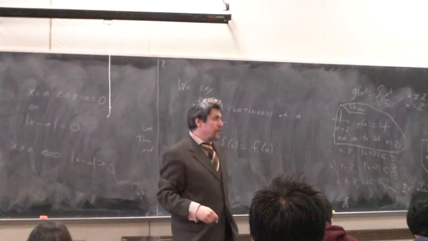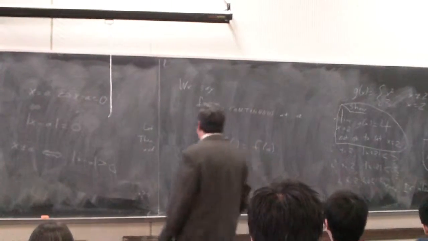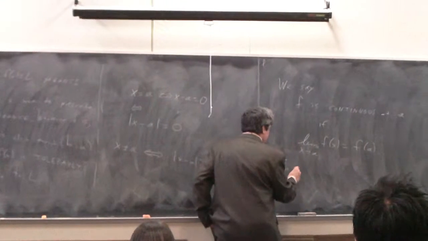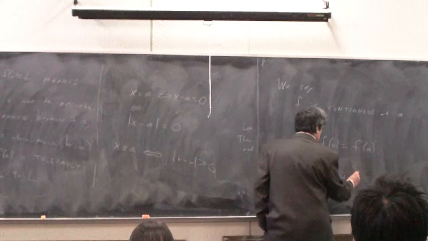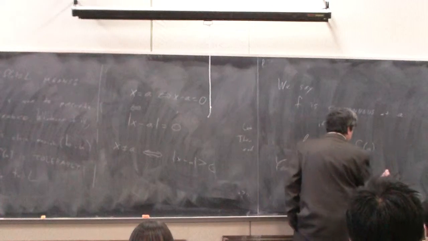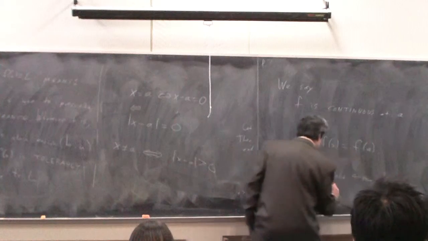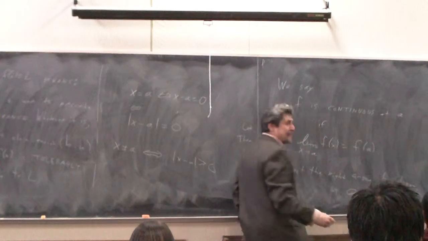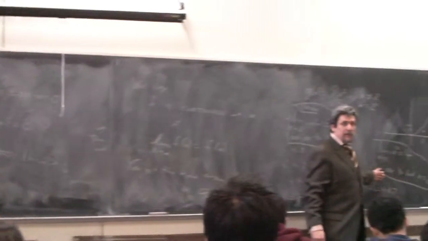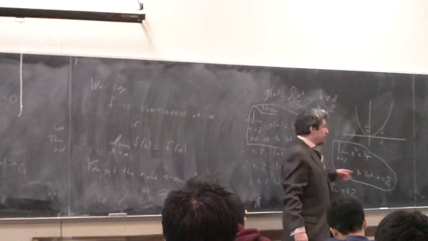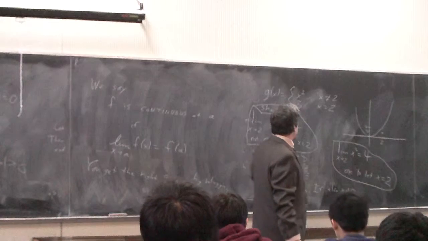Okay, good. So that's true here. In other words, you get the right answer by plugging in a. So here, this function is continuous: you let x equal 2, you get the right answer. This function is not continuous: you let x equal 2, you get the wrong answer, right?